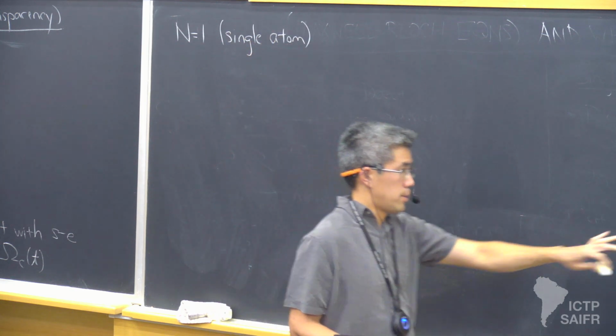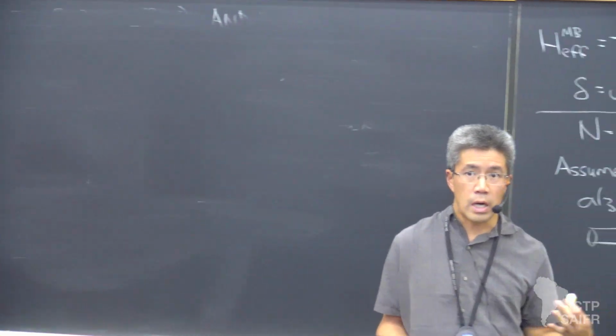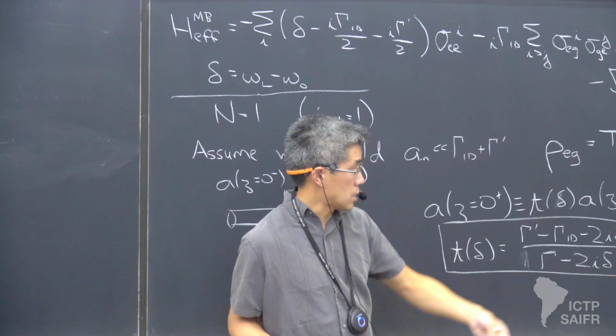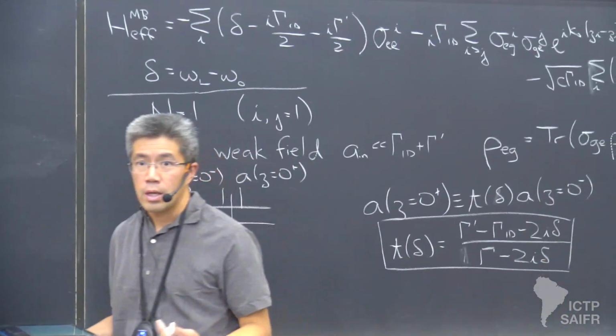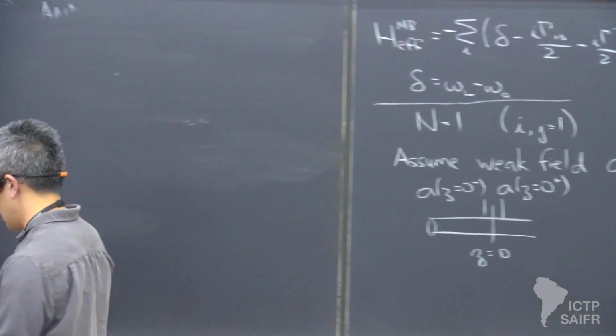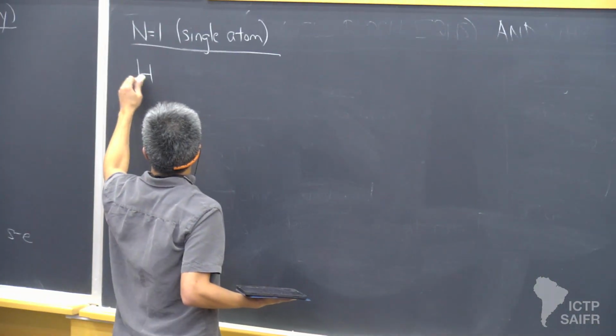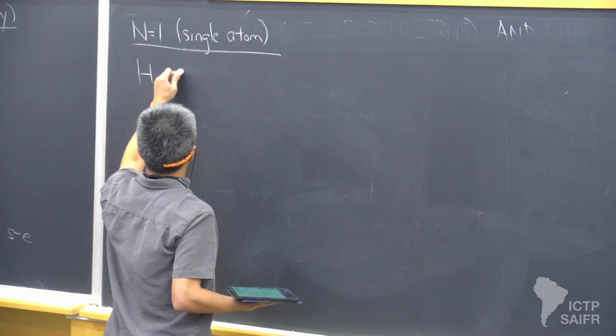What we learned from experience is that because it's still a chiral waveguide model, if I want to know the response of n atoms, I just have to take the response of one atom and exponentiate it. So for completeness, let me write down the effective Hamiltonian.